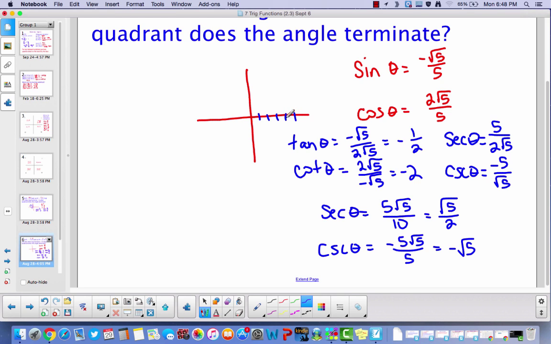And then go down negative square root of 5, which is about 2.23. So over almost 5, down just a little over 2. This is your triangle. Here is 2 square roots of 5. Here is negative square root of 5. And here is 5. Please make sure when you're doing this that you are drawing the pictures.